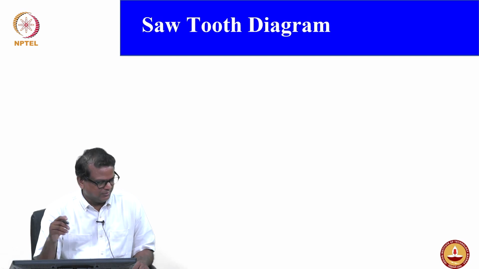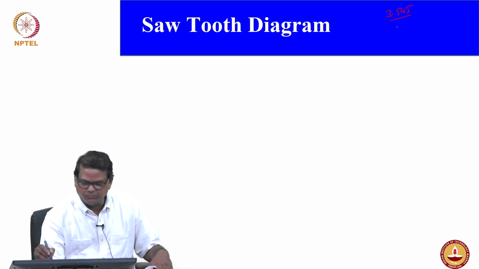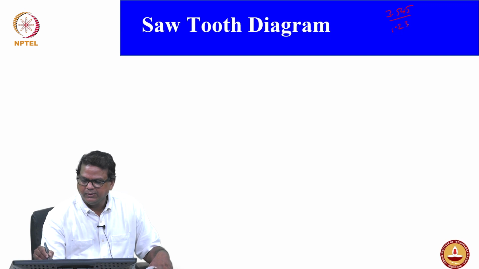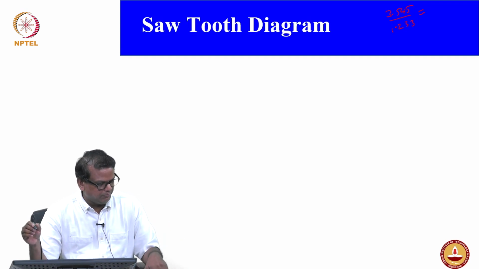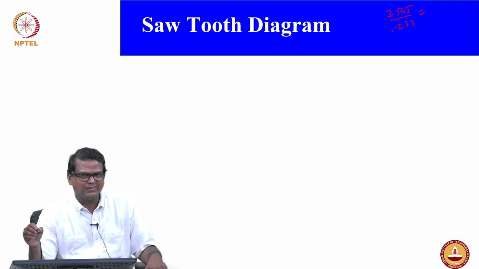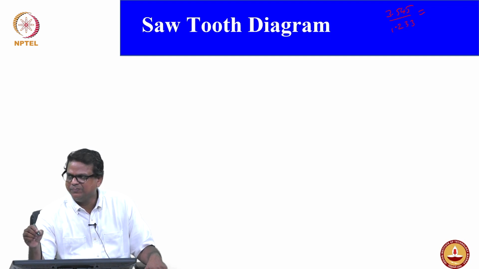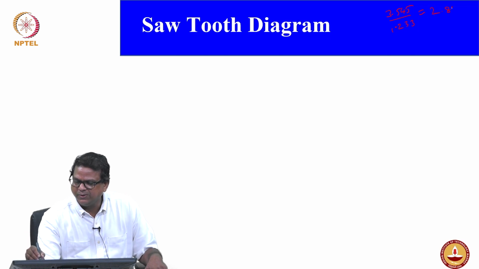Right, simple. So I have 3.545, right, and if you take the next one 1.23, what is the value you are getting? Can I have the value, please? What is the value? 2.87.